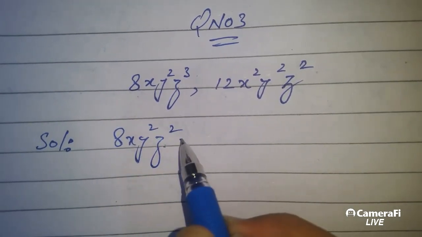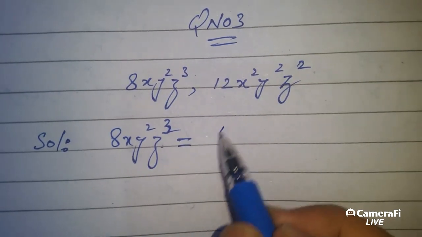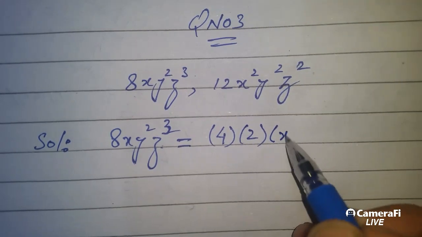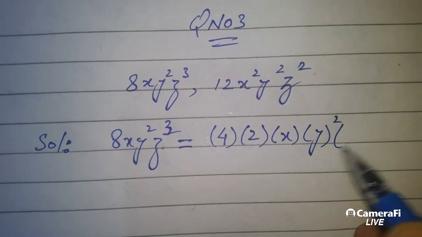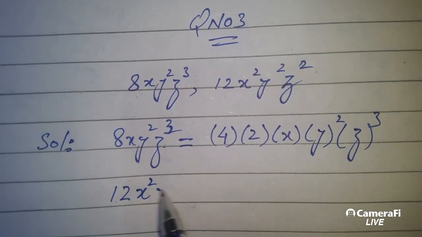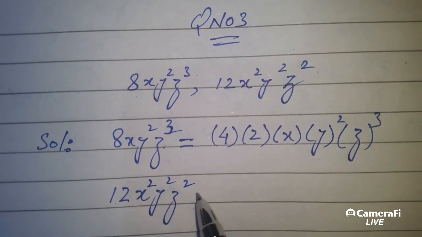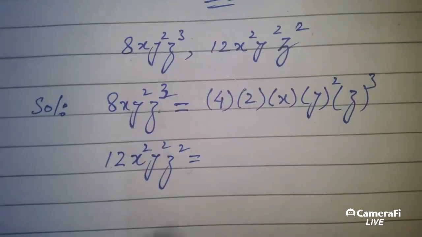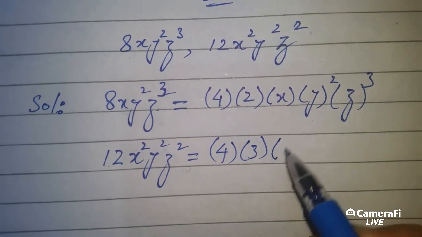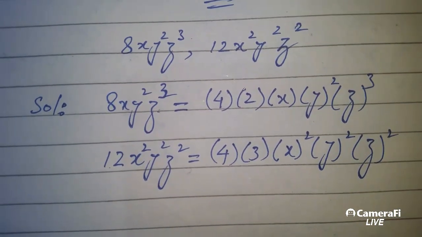Let's do the question. 4 2s are 8, we have x, y raised to power 2, and z raised to power 3. Then we have 12x square y square z square: 4 3s are 12, and then x raised to power 2, y raised to power 2, z raised to power 2.